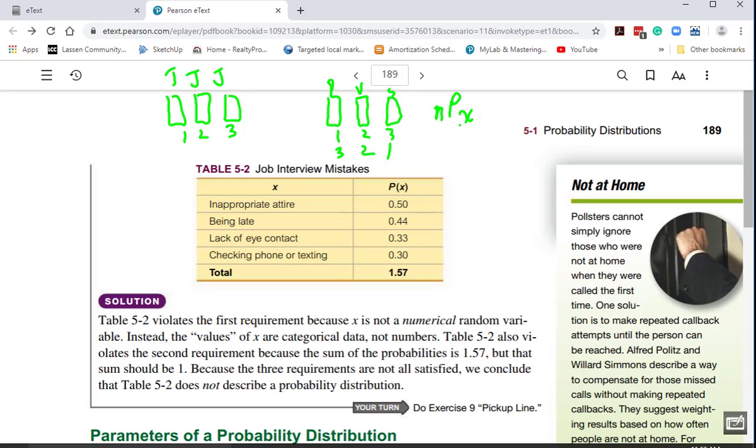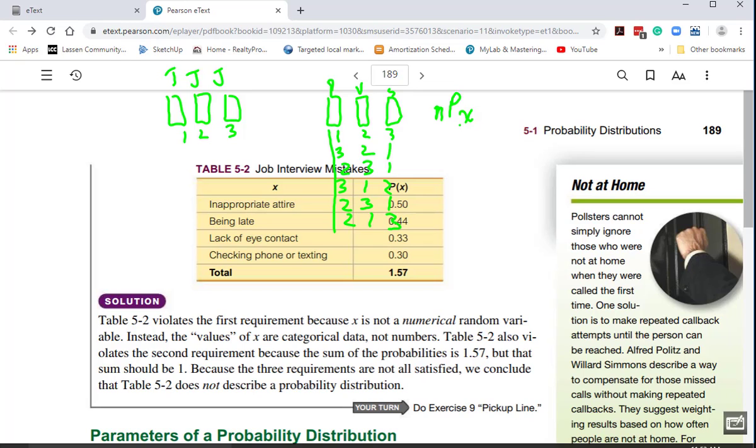What else do I have? 1, 3, 2. You see? And 3, 1, 2. Should be one more. 2, 1, 3. Now there are how many? There's 6.